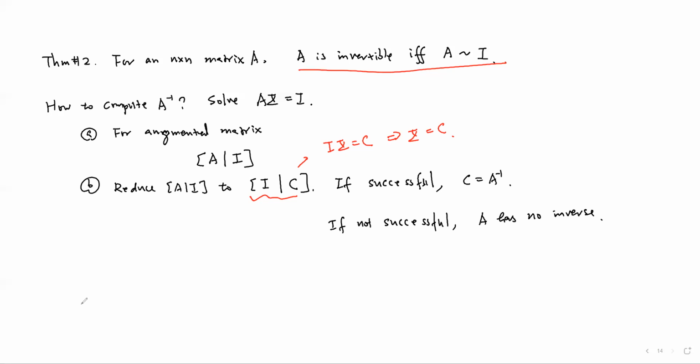Okay. Some basic properties about inverse. A inverse, then inverse again is matrix A. For A times B, the inverse, pay attention, is not A inverse times B inverse, but B inverse times A inverse.